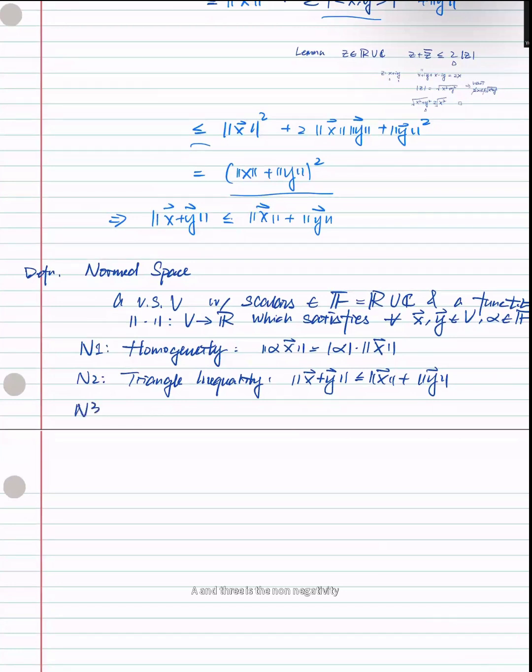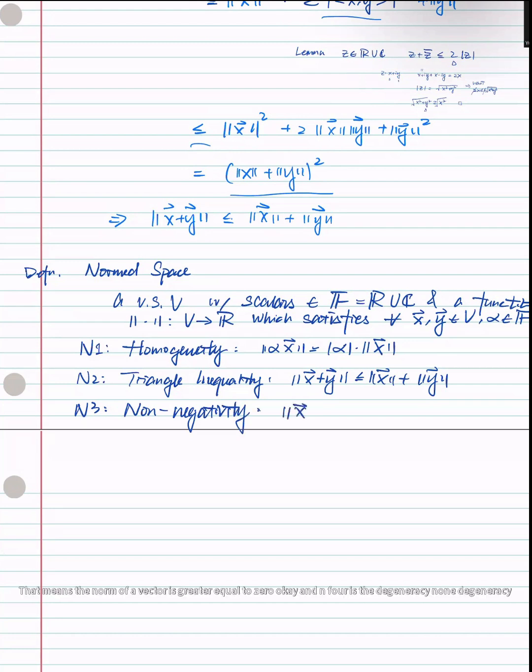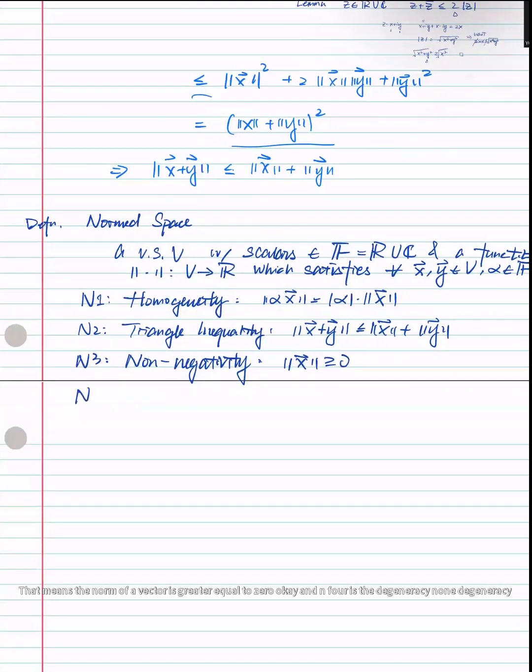And third is non-negativity, which means the norm of a vector is greater than or equal to 0. And fourth is non-degeneracy.